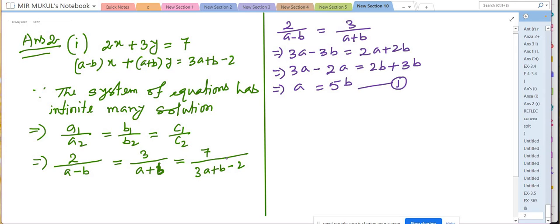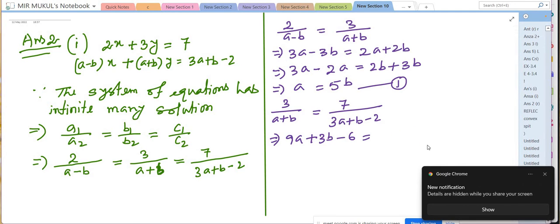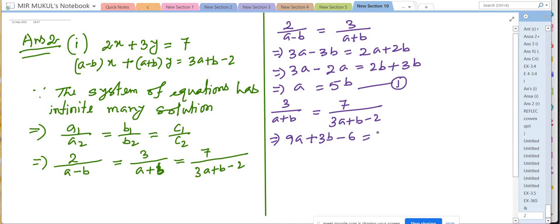Second equation, consider second and third. So 3 by a plus b equals 7 by 3a plus b minus 2. Now if we cross multiply, then we are getting 9a plus 3b minus 6, and 7 multiplied gives 7a plus 7b.